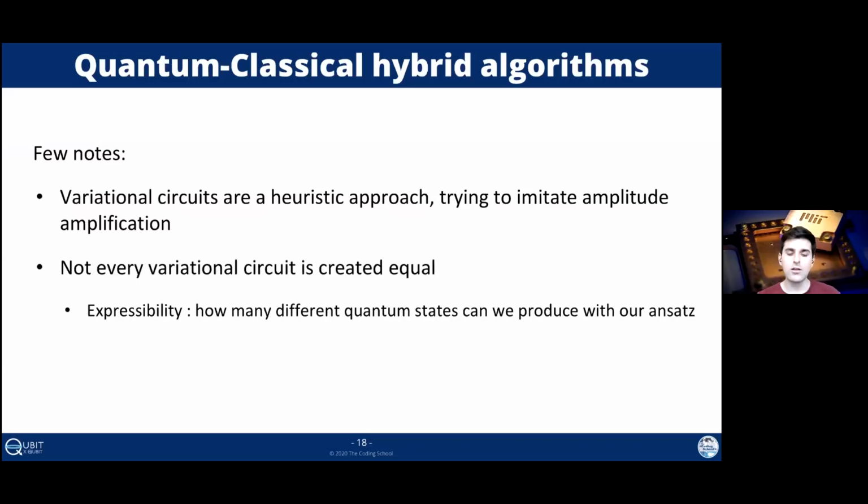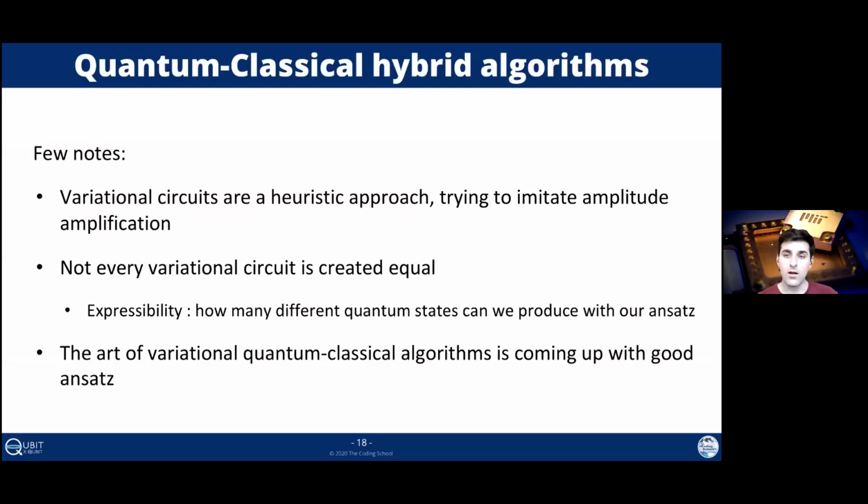And next is that not every variational circuit is created equal. In fact, there's this notion of expressibility that tells us how many different quantum states we can produce with our ansatz, which is our template. Some of these templates are more powerful, meaning that you can generate a larger number of states with them. But the drawback is that they might be harder to optimize to actually find the state that you're looking for.